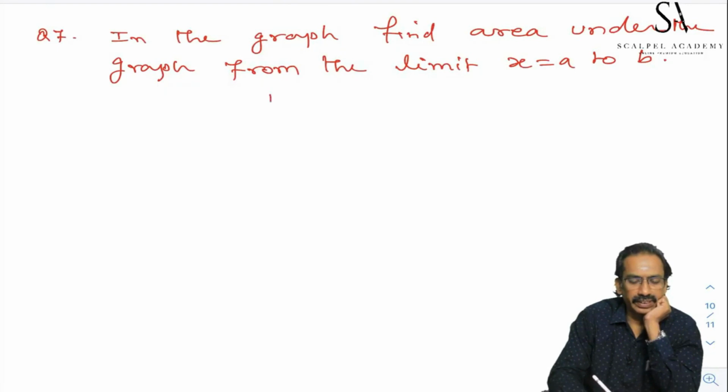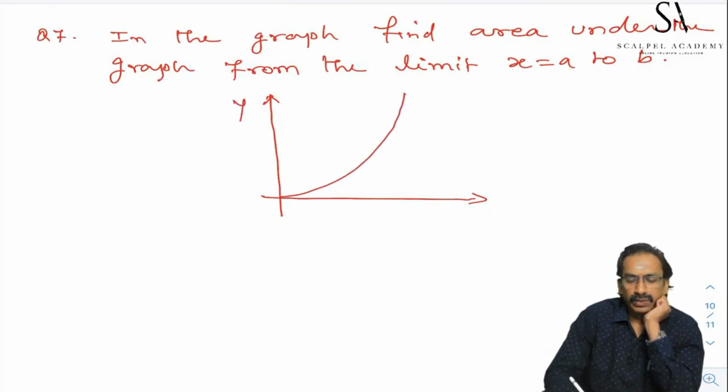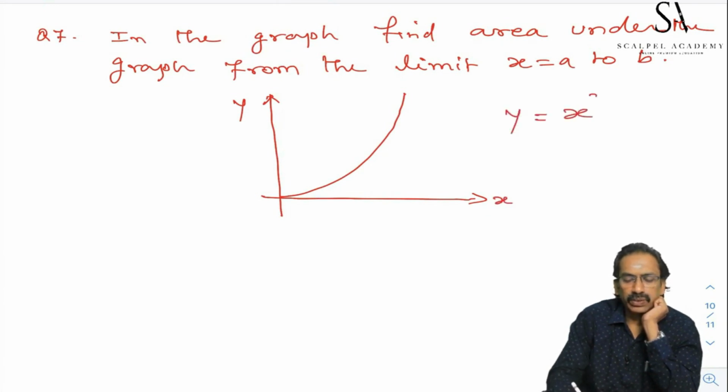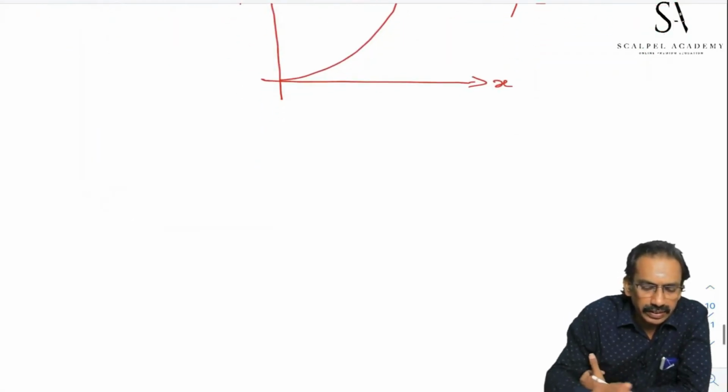What is the graph that is given? This is a graph given to you. Also the function y in terms of x is given. Y is a function of x such that y is equal to x squared. We go to the solution now.